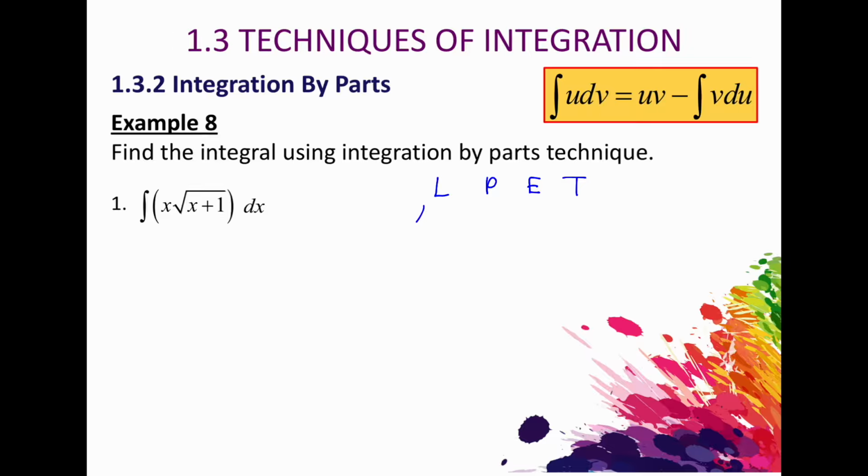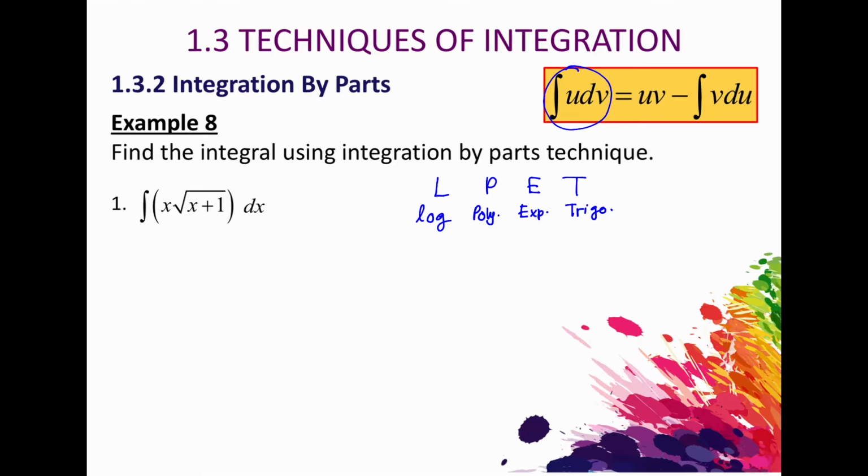L stands for log, P stands for polynomials, E stands for exponential, T stands for trigo. So let's say we have in the integral of u dv log and trigo, so we would choose log to become u and the trigonometric function to become dv. So that's the order of which one to let equal to u.